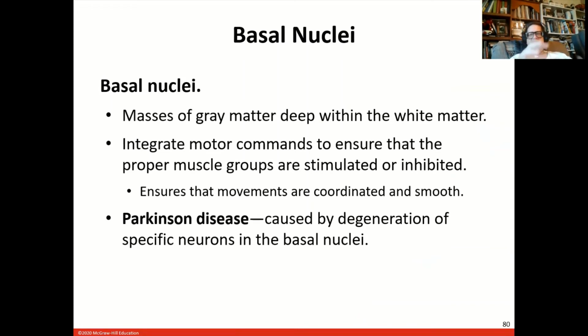Parkinson's disease, where someone has trouble controlling their hands and they get the shakes, is caused by degeneration of some of the neurons in these basal nuclei.